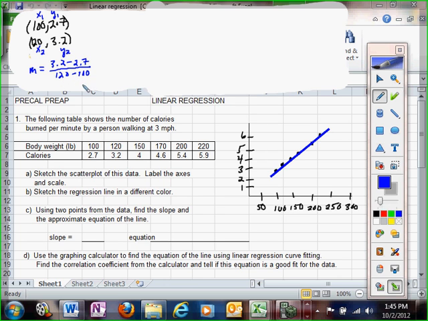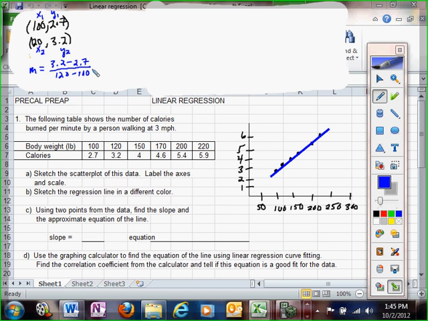Now, something I discussed with all of you at the beginning of the year is we usually don't use decimals, and the only time it would be appropriate to use a decimal is when you basically started off as a decimal. And here we have decimals, so it's okay to have decimals. And typically with linear regression or any types of regression, it's okay to use decimals.